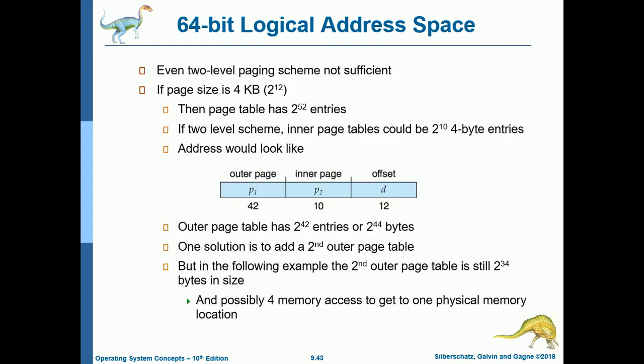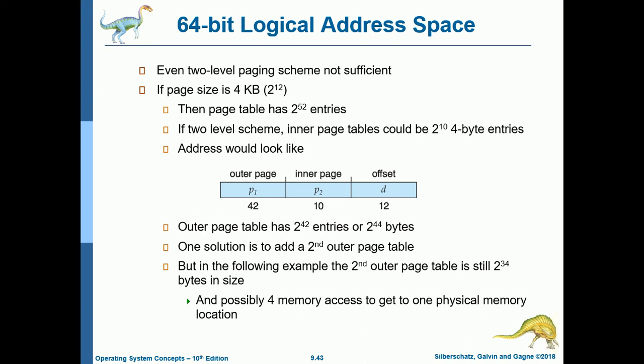Next, we have a 64-bit logical address space. Even a two-level paging scheme is not sufficient. If the page size is 4 kilobytes, or 2 raised to 12, then the page table has 2 raised to 52 entries. That's actually too much. In a two-level scheme, inner page tables could be 2 raised to 10 4-byte entries.